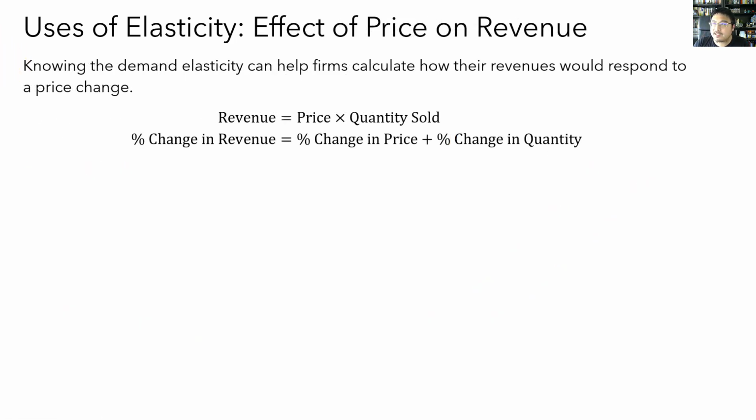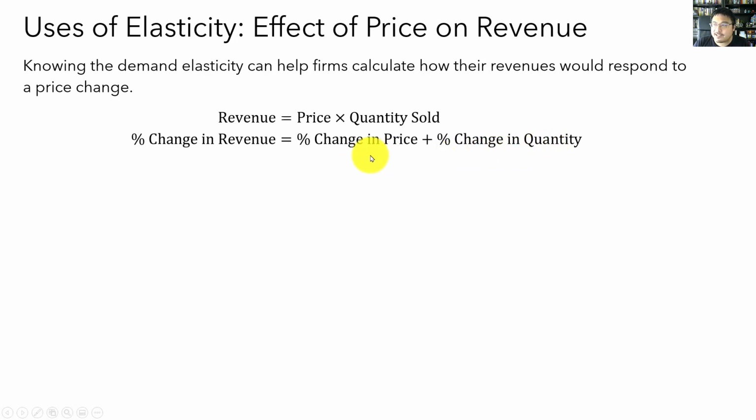Last but not least, knowing the elasticity of the demand curve can actually help firms calculate how much their revenues would change in response to a price change. All right. Now, the revenue that a firm makes from a product is equal to the price of a product times the number of units sold, which means that the percent change in revenue when things change is equal to the percent change in price plus the percent change in quantity sold, right?